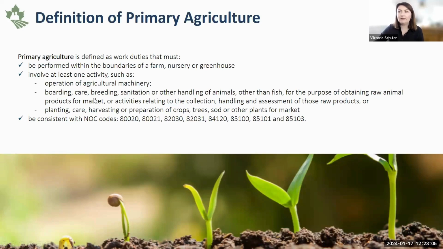It will involve at least one activity, such as operation of agricultural machinery, activities related to animals and livestock, or planting, care, harvesting, or preparation of crops, trees, sods, or other plants for the market. And be consistent with the NOC codes. I will explain a little bit later about the NOC codes.